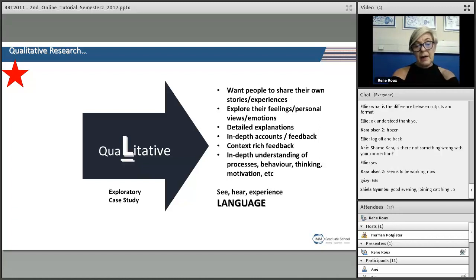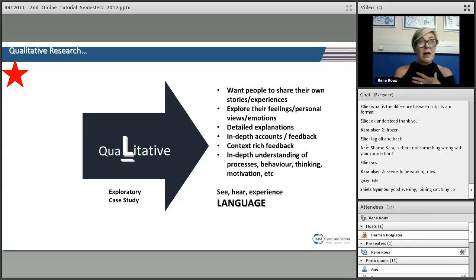So here's your guideline. Qualitative has an L in it. It means that it's about language. It is small samples because here you don't look at numbers. You look at what people are telling you, the anecdotes. So it is what you see, hear, experience. It's the L. It is language.